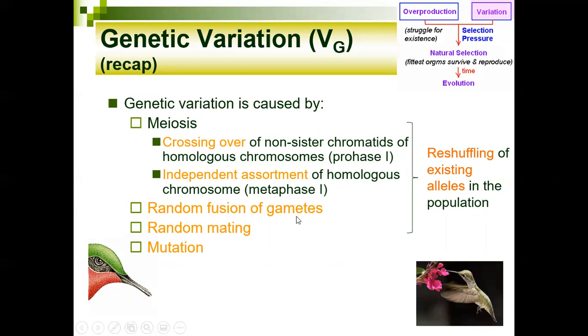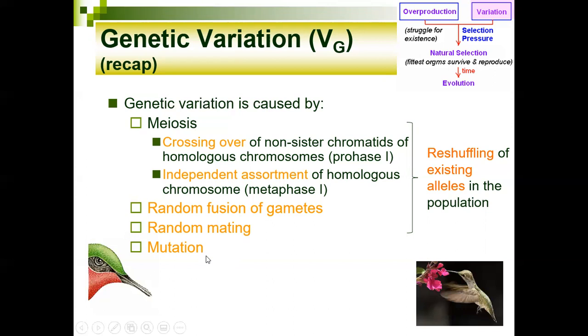Random fusion of gametes is also reshuffling: gametes from father and mother to the offspring. Which gamete, so which allele, and bind together to become which zygote. Random mating: which parent's gamete fuses with which parent's gamete. So all these three are working with existing alleles, reshuffling only. Reshuffling into different gametes, reshuffling into different individuals.